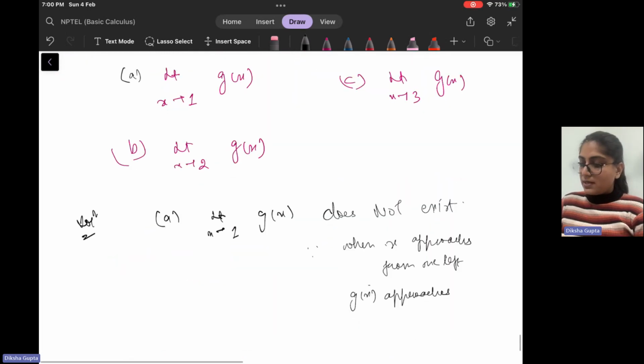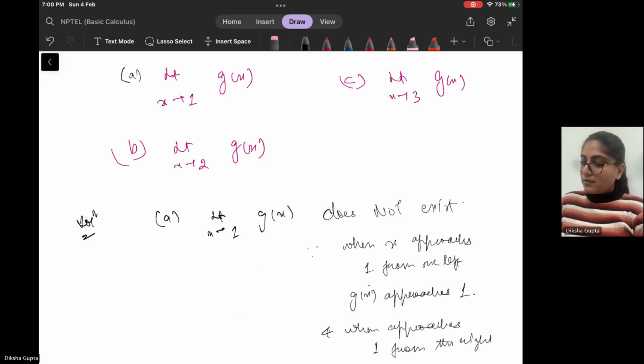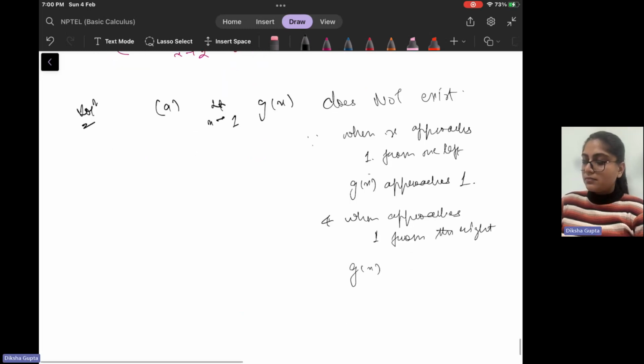So when x approaches 1 from the left, g(x) approaches 1, and when x approaches 1 from the right, g(x) approaches 0.